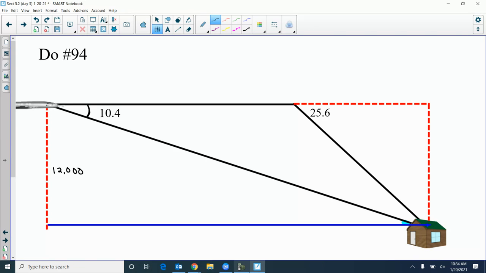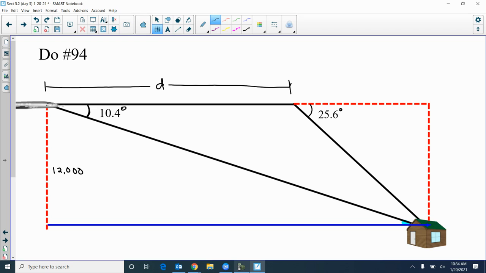And then angle is 25.6 for the second angle of depression. And they actually tell you what we need to find. We need to find this distance here. But that's not part of a right triangle at this point. How can we find it though?